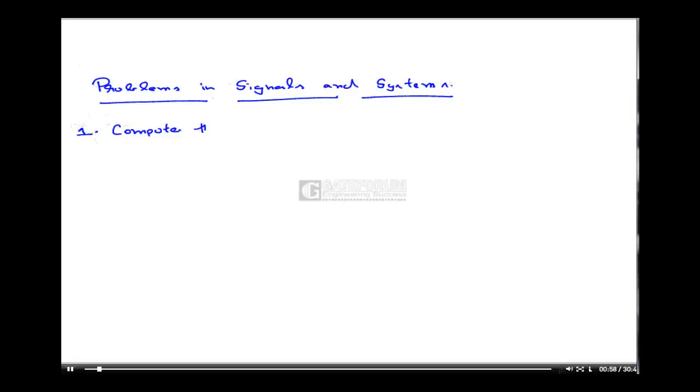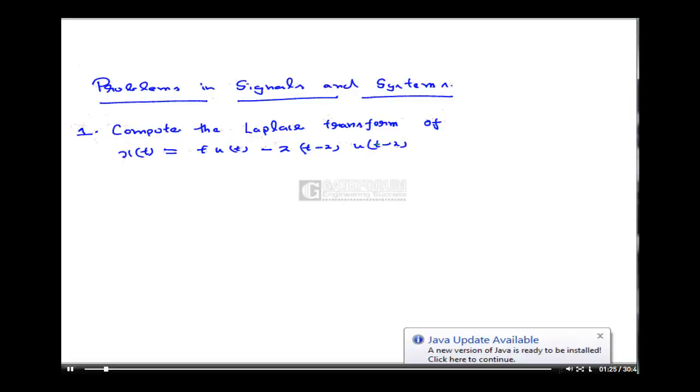Compute the Laplace transform of x(t) equal to t u(t) minus 2 times (t minus 2) u(t minus 2) plus (t minus 3) u(t minus 3).